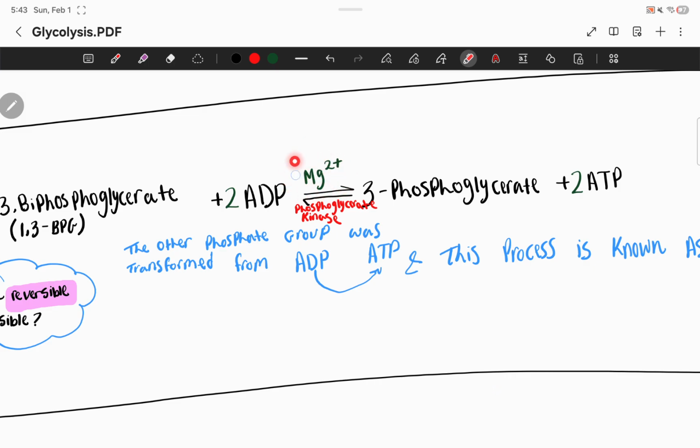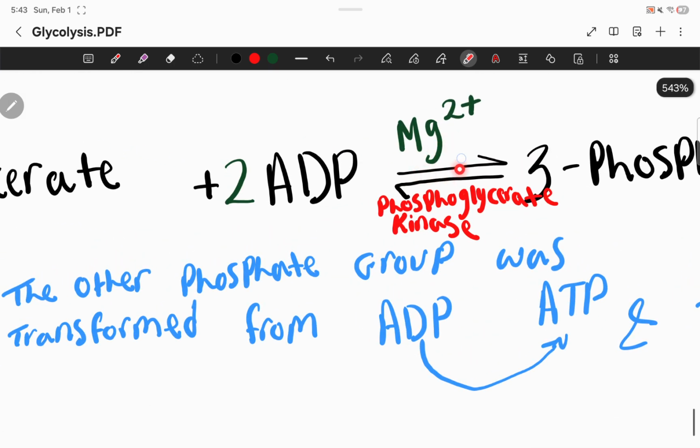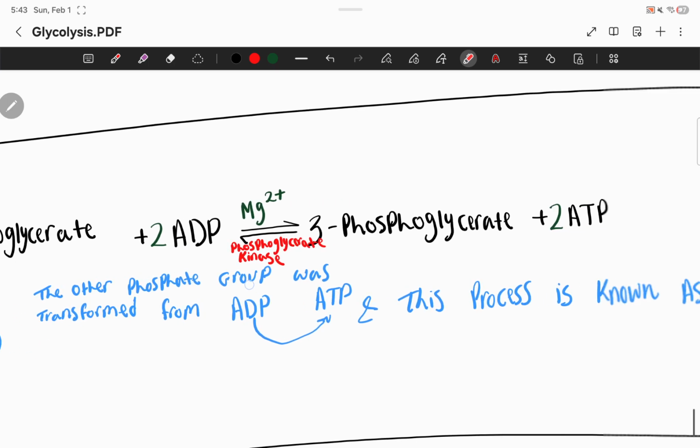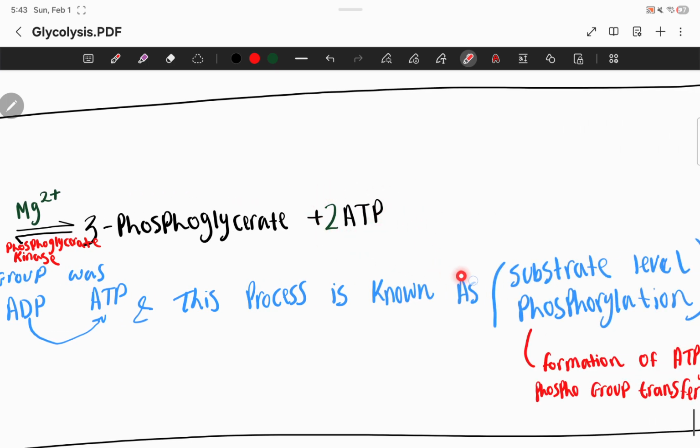Now we have a magnesium ion as cofactor, and since this is bisphosphate right here, and this is phosphate, we lost a phosphate group, and that phosphate group was transferred from ADP to ATP. It gave us a yield of 2 ATP.